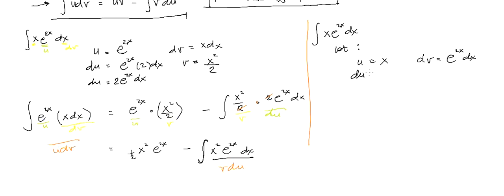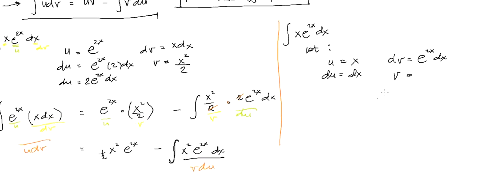If you need to integrate it step by step, then let's review. We need the integral of e^(2x) dx. If we let u equal 2x, then our du is 2 dx. Since we only have dx here, we need to divide both sides by 2. So we can rewrite this as the integral of e^u, where our dx is du all over 2.